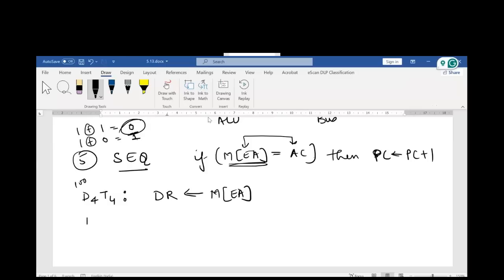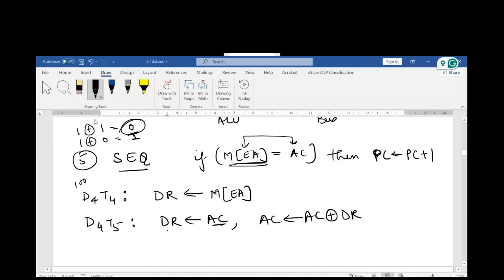So what will we do? Either you transfer your AC to DR, so I can write AC to DR, and then AC equals AC XOR DR. Sorry, DR has M of EA, so here I'll need TR.